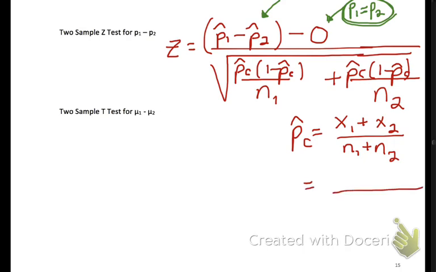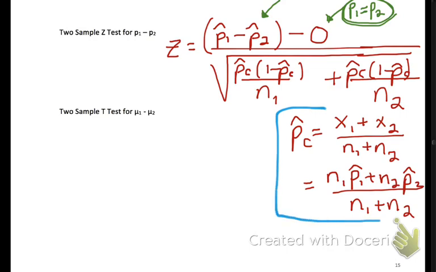If you're given proportions, it's the sample size of the first times the proportion of successes in the first plus the sample size in the second times the proportion of successes in the second. It's a mouthful. Divided by n1 plus n2. So either one of those is how you calculate p hat c. Those are also used in conditions when you check conditions for a two-sample z-test.